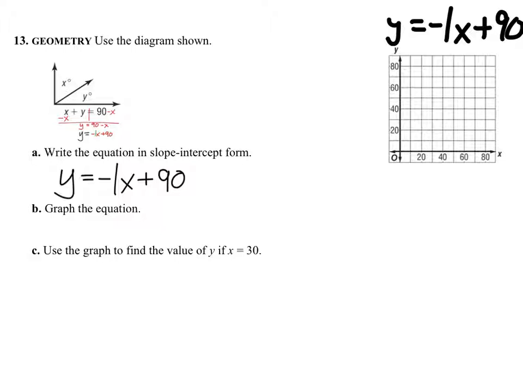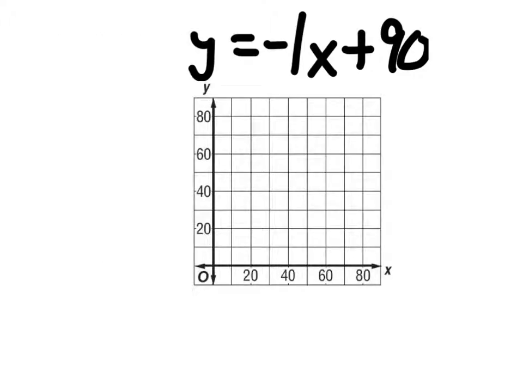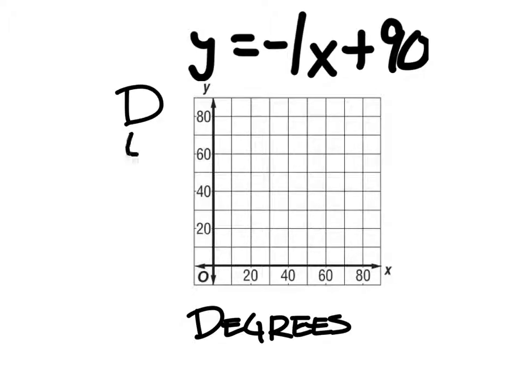All right, there's our equation. Let's graph it. Well, I'll zoom in on this thing. The first thing we're going to want to do is to label the axes. And x was represented, if you remember, in degrees. And y was represented in degrees, because they both represented the measurement of some angle.